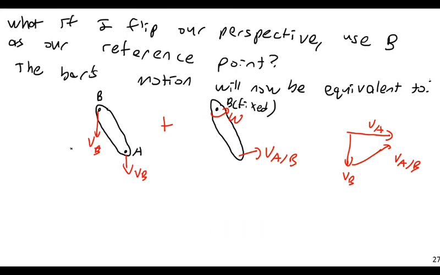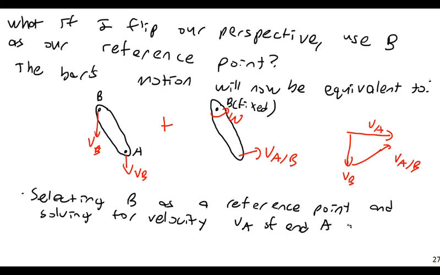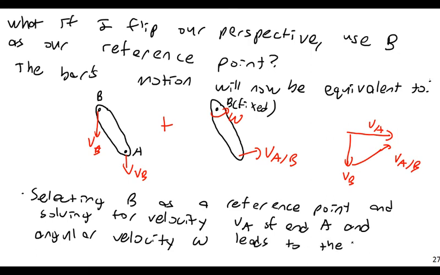So again, let me go through this. Selecting B as a reference point, and solving for velocity VA of end A and angular velocity omega leads to the equivalent velocity triangle shown here.